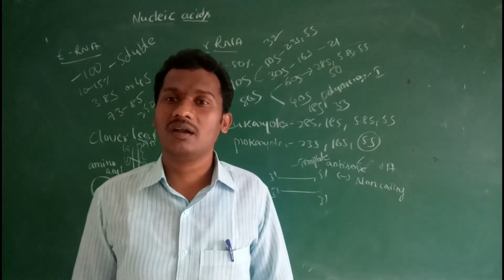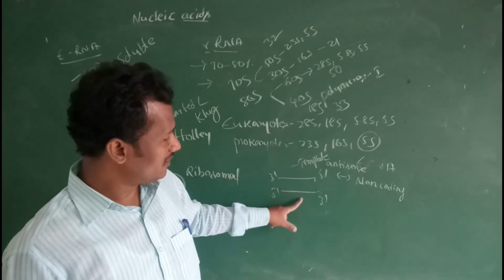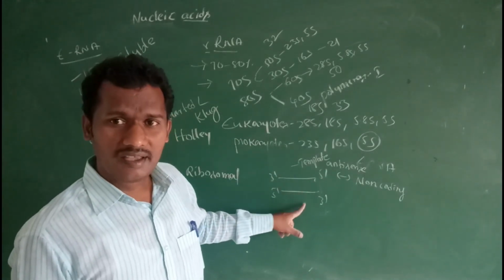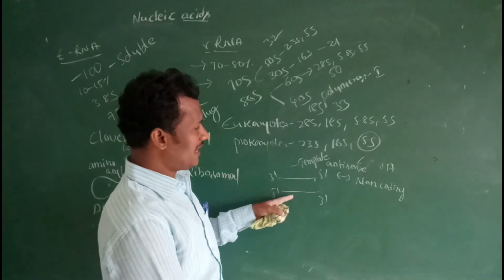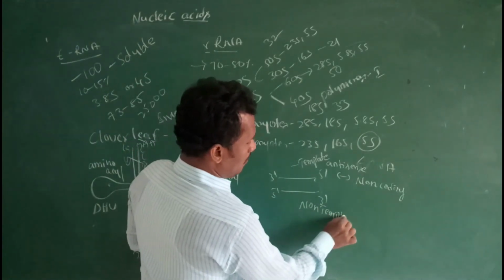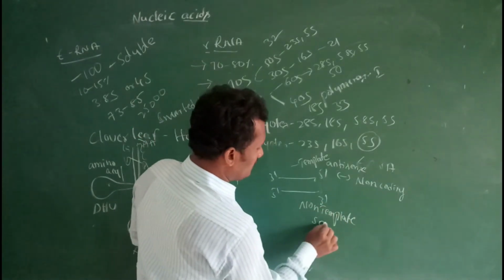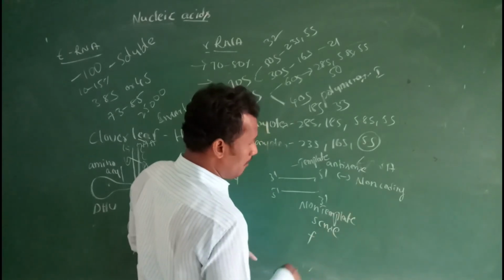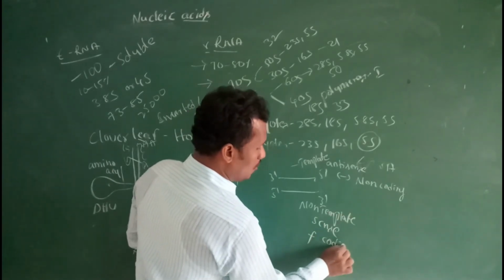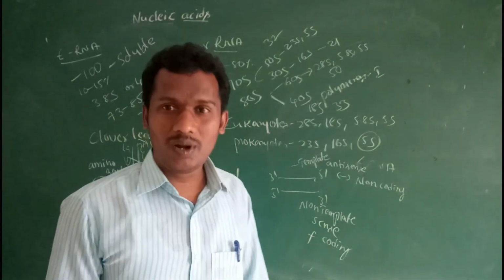That means the codon strand. In DNA, this strand's sequence is complementary to the template strand, so it is known as the non-template strand, also the sense strand, plus strand, or coding strand. This strand contains the codons.